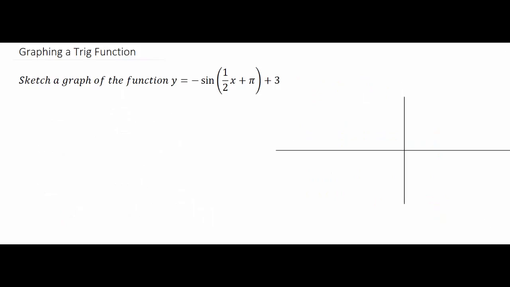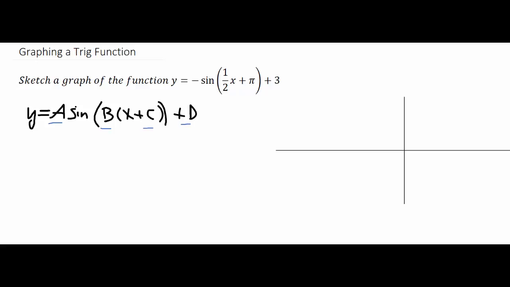Here we have the equation of a sine function, and I want to determine its graph. So oftentimes what we'll want to do is get this in the form y equals a sine of b times x plus c, plus d, because that'll give me information about the amplitude, the period, and a horizontal and a vertical shift.